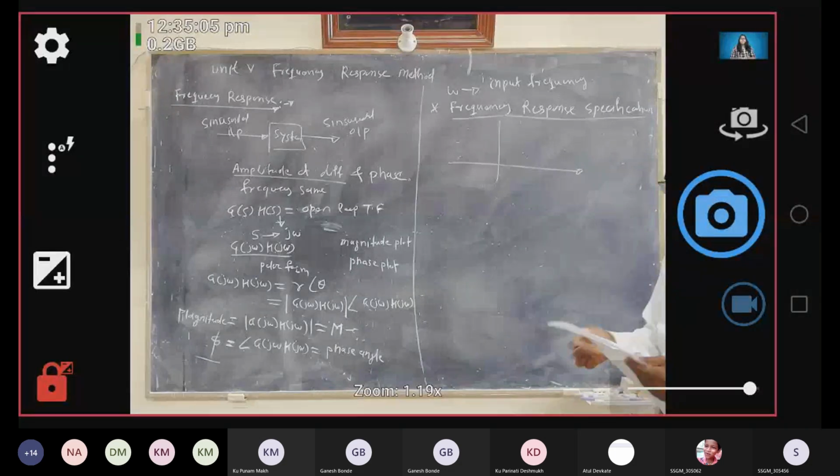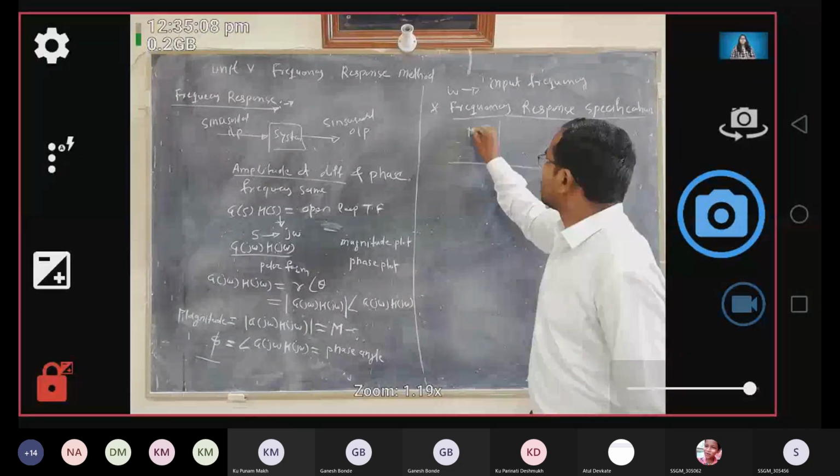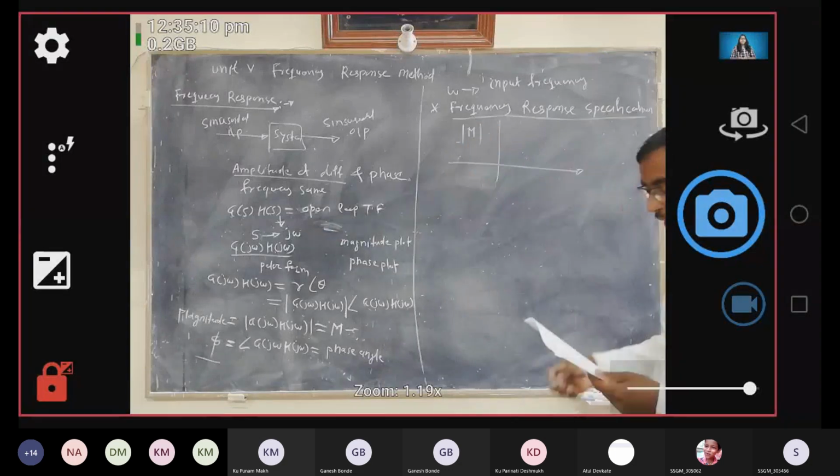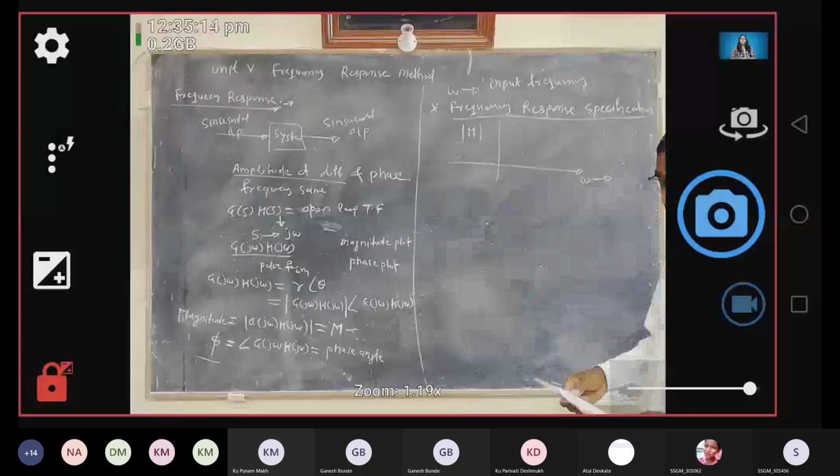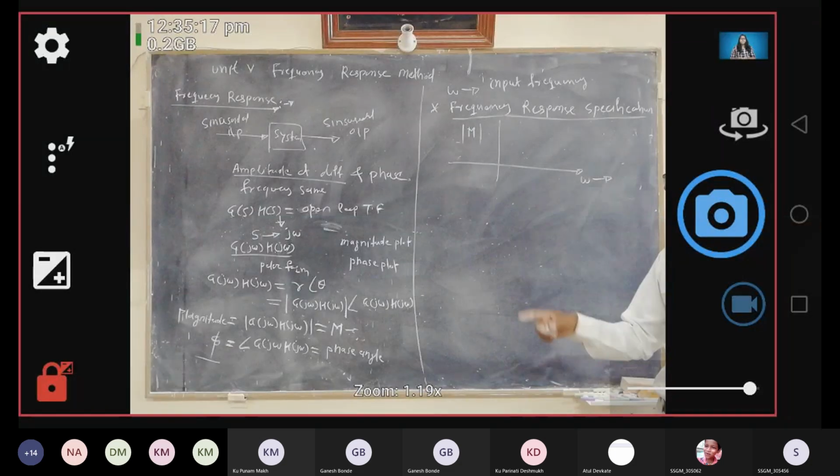The frequency response is the graph of magnitude versus frequency, and phase versus frequency. So these are the two plots.